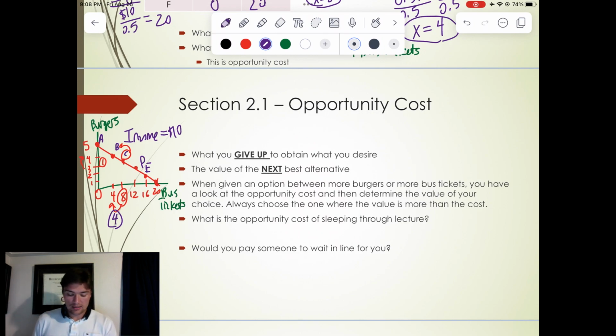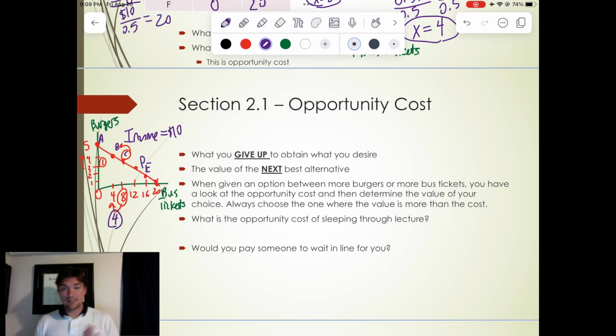What we mean by the next best alternative is that because you are always trying to choose something that's going to make you happier or better, the next best choice is something else that you would choose. But again, you chose the burgers because they make you happier.